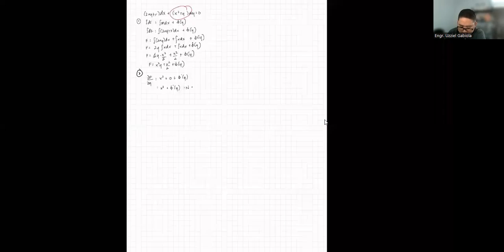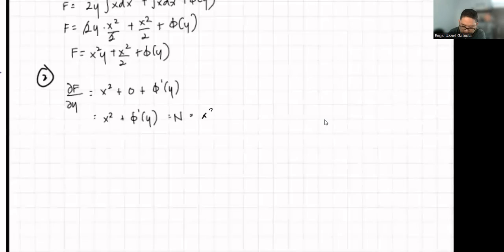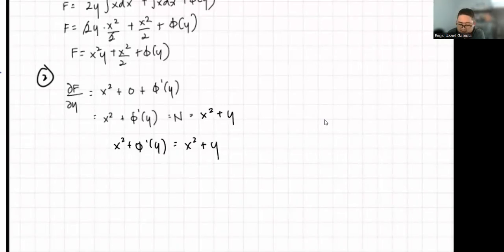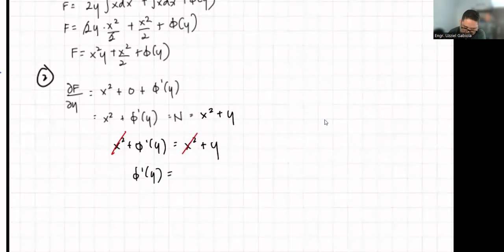So, equate natin sa x squared plus y. Okay? So, once ganyan na yan, magiging siyang x squared plus φ prime y is equals to x squared plus y. So, pwede mo i-cancel out ngayon yung pwede i-cancel. So, pag yung x squared, tinranspose natin, magka-cancel out yun. Now, we are left out with φ prime y is equals to y.